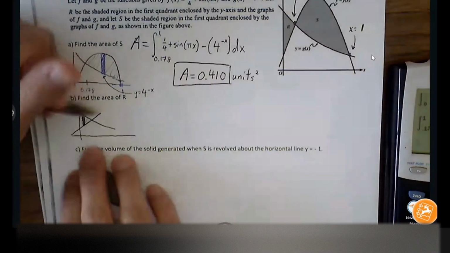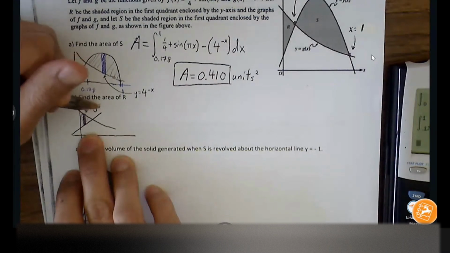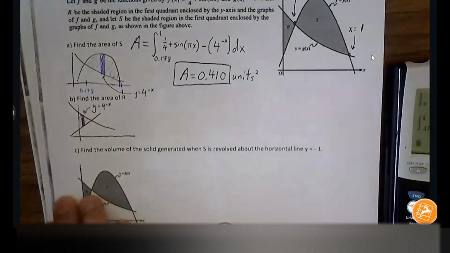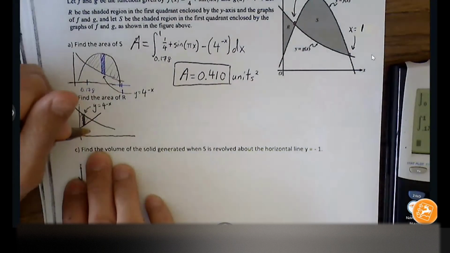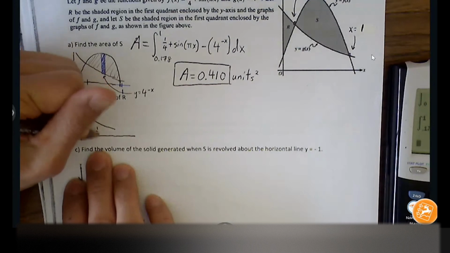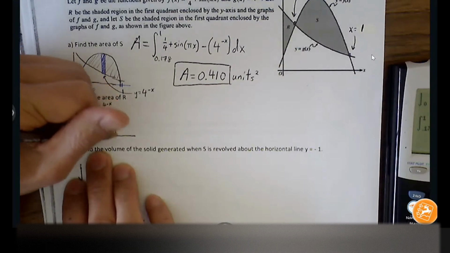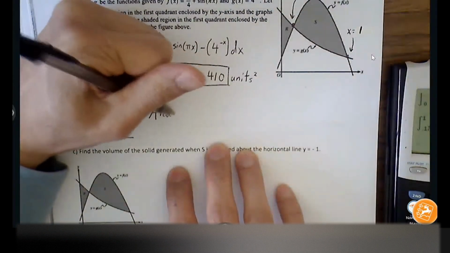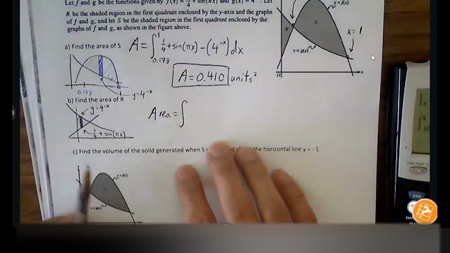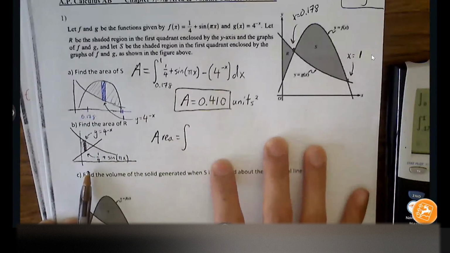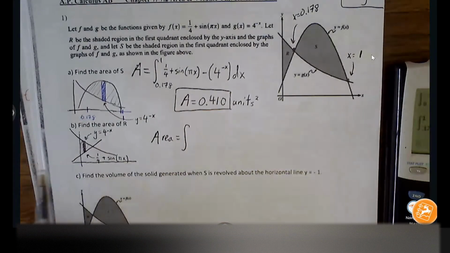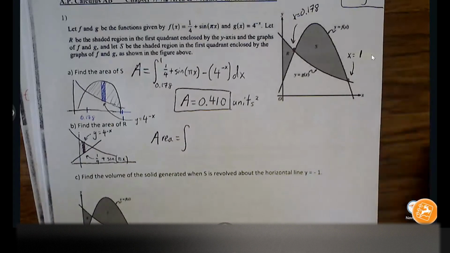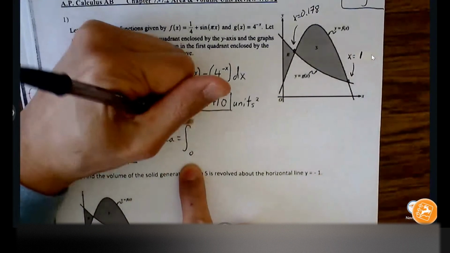The top is the 4 to the negative x, and the bottom is the 1/4 plus sine pi x. Okay, and where are the bounds going to be? From where to where? Would it be from 0 to 0.178? Yeah, that's what I got.